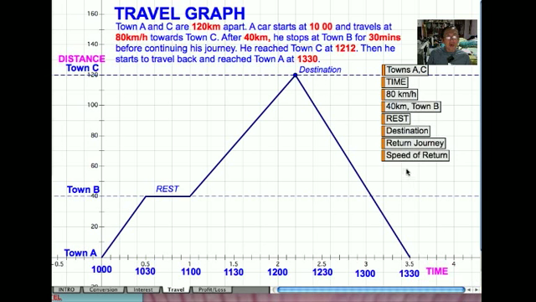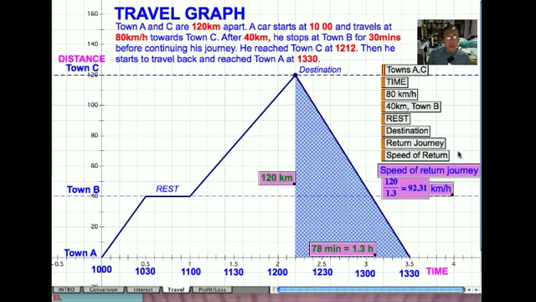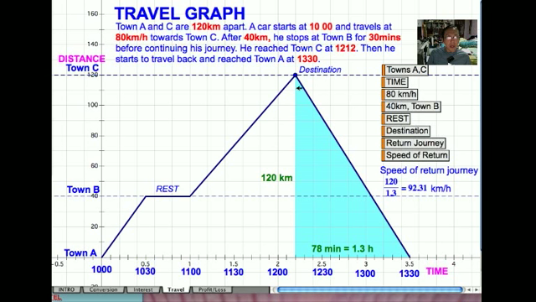And if we need to find the speed of the return journey, again we draw a triangle under the line showing a height of 120 kilometers and a base of 1.3 hours. And the speed is distance over time, 120 over 1.3, giving us 92.31 kilometers per hour.